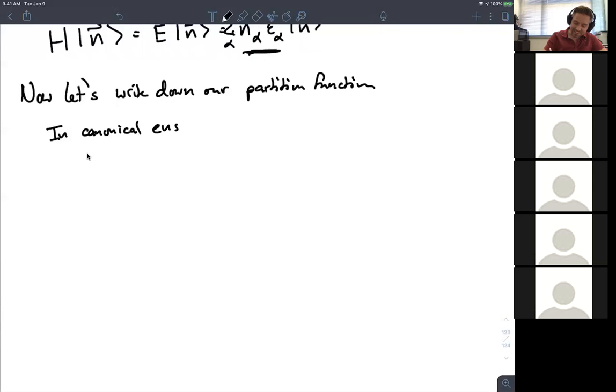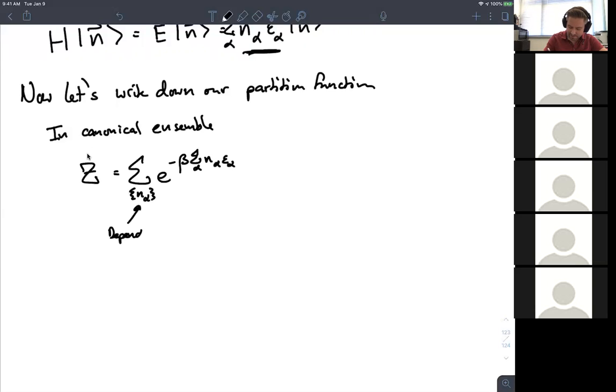All right, so in the canonical ensemble, the partition function is just equal to e to the minus beta times the sum over all alpha of n alpha e alpha, and then you sum over all allowed n alpha. What this is depends upon whether you're talking about fermions or bosons. But now the catch is that you can't just do this sum.